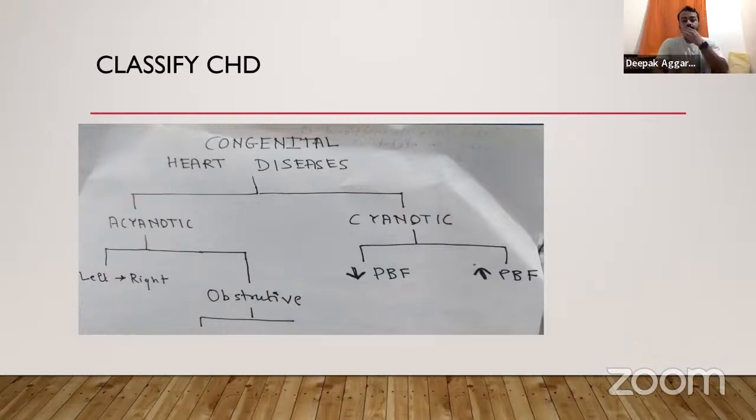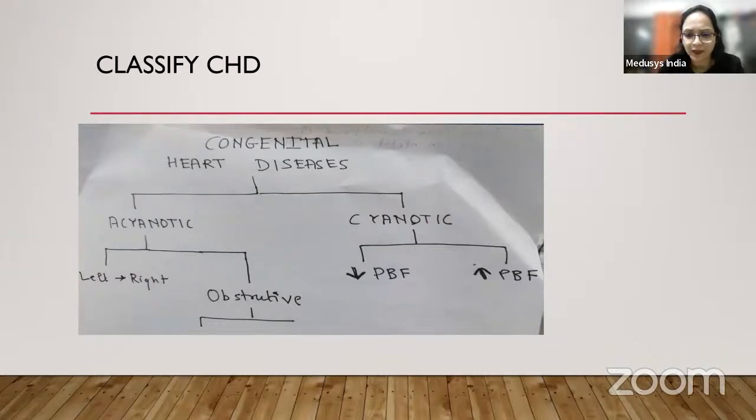And the rest, all the complicated things, TGA, TAPVC, present with increased pulmonary blood flow. So I think you got what I meant to say. We classified, then further classified, and then presented our examples.